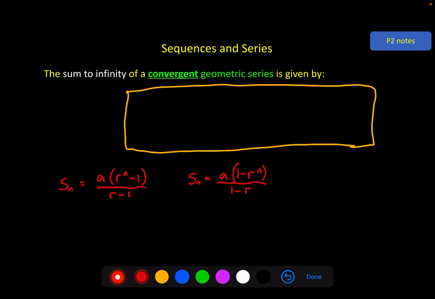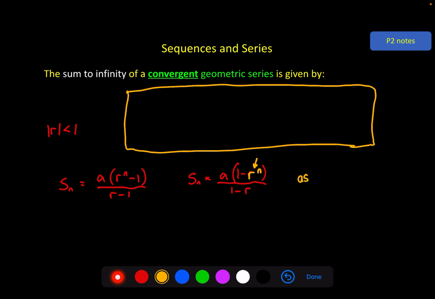Now because we're looking at convergent series, and that is when the magnitude of r is less than 1, I'm going to choose this one here on the right, so that 1 minus something less than 1 will give us a positive answer on the bottom and a positive answer on the top, to avoid making any unnecessary mistakes with the negatives. But the key point here is this term. And as I said, if your r is less than 1, putting a big power on that is going to make this term, r to the n, really, really small.